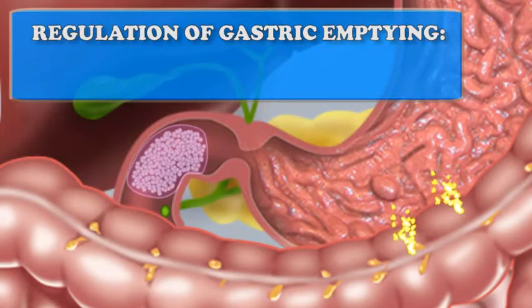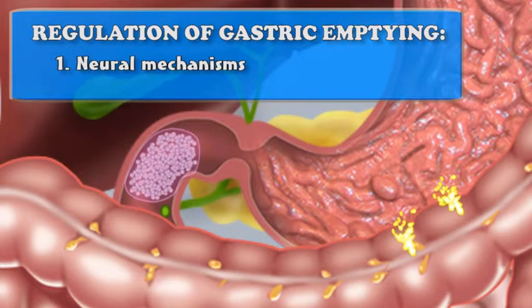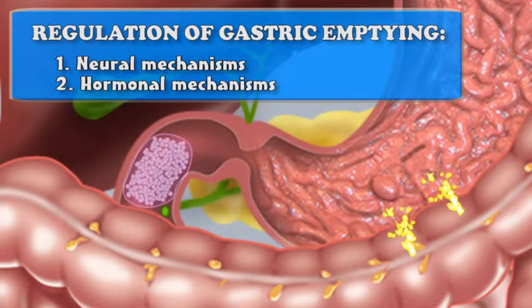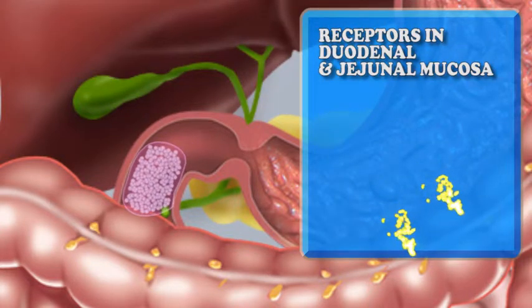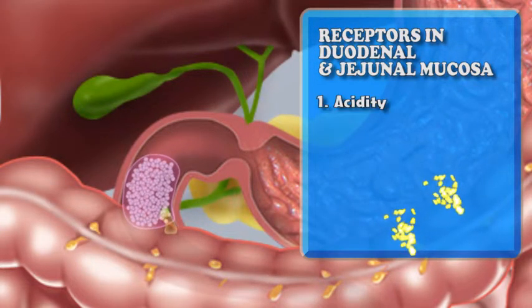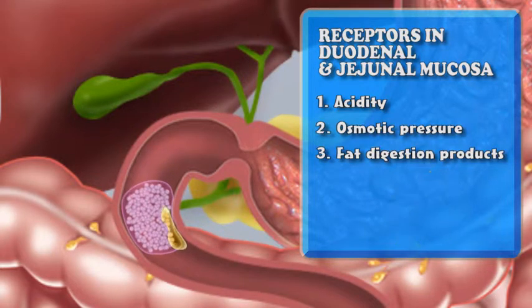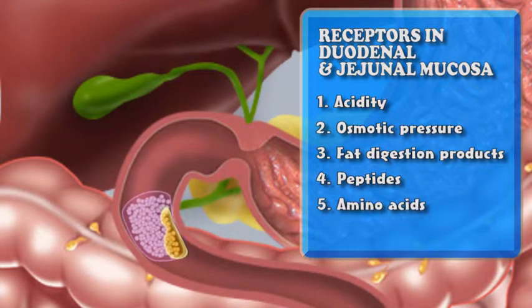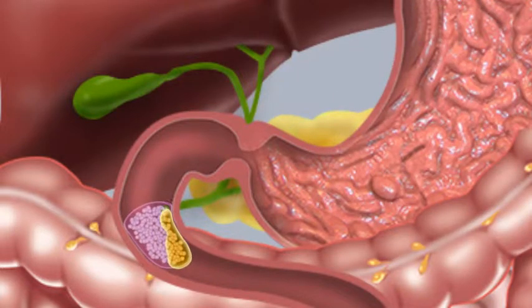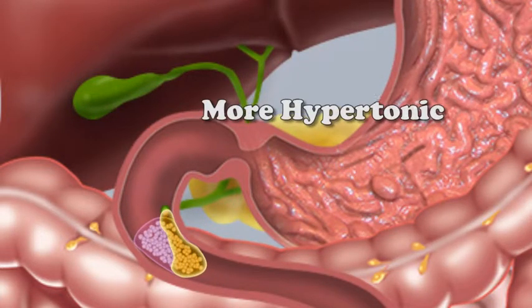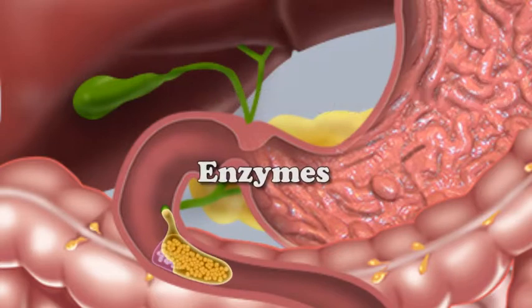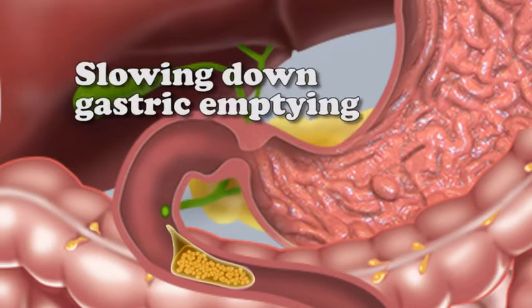The emptying of gastric contents is regulated by neural and hormonal mechanisms. The duodenal and jejunal mucosa contain receptors that sense acidity, osmotic pressure, and products of fat and protein digestion, peptides and amino acids. Chyme that leaves the stomach is made even more hypertonic by the action of enzymes in the duodenum, slowing down gastric emptying.